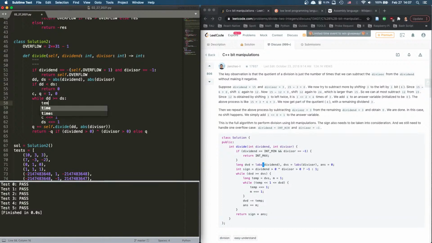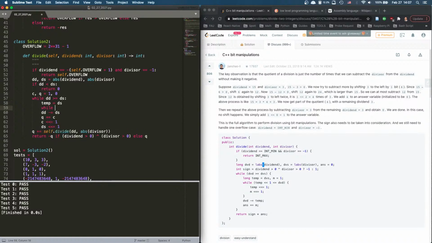So we can say temp is equal to DS, and we say while dd is larger than temp, and we have temp going through all this. So we're going to minus temp. Q is increment, and temp is going to do this.